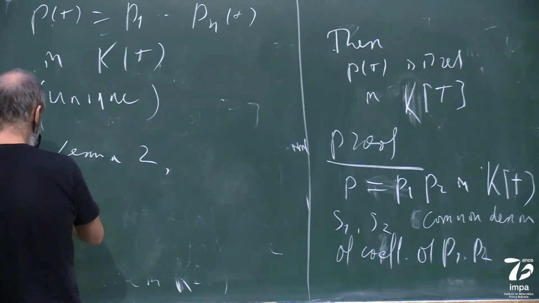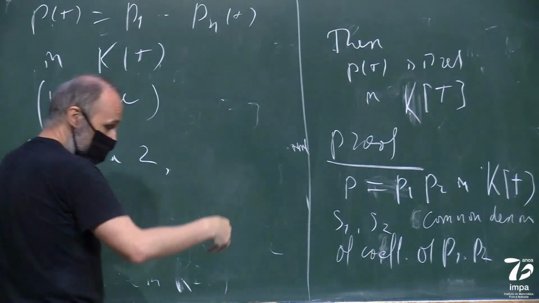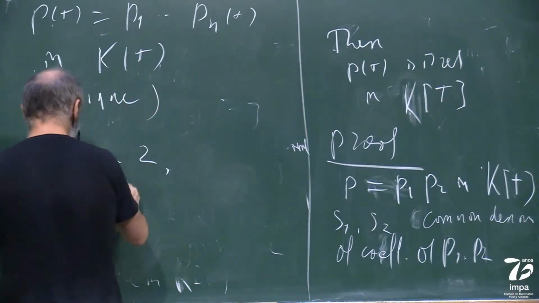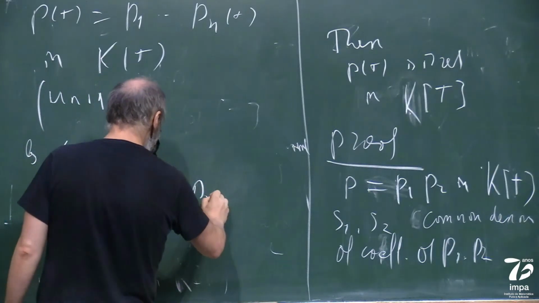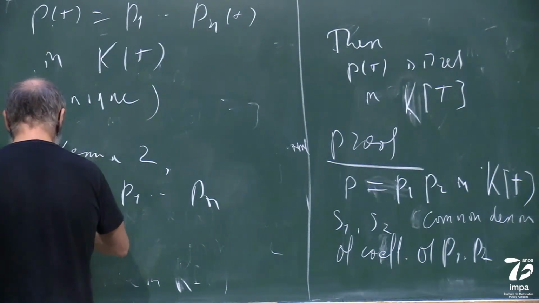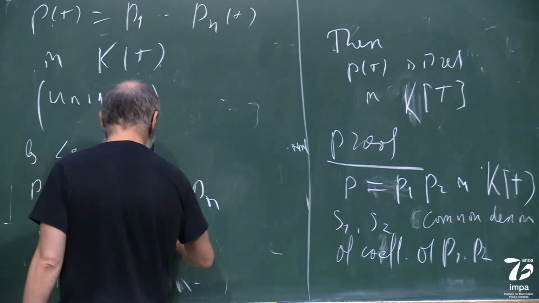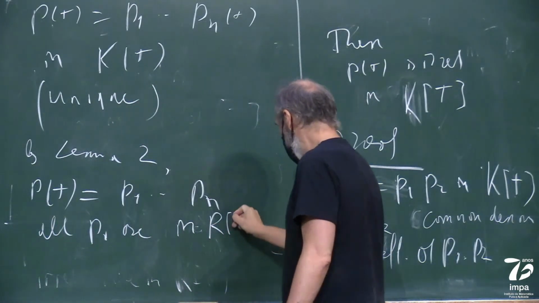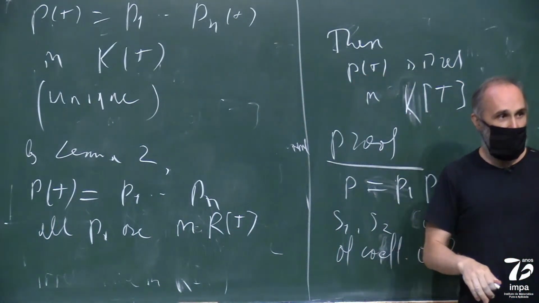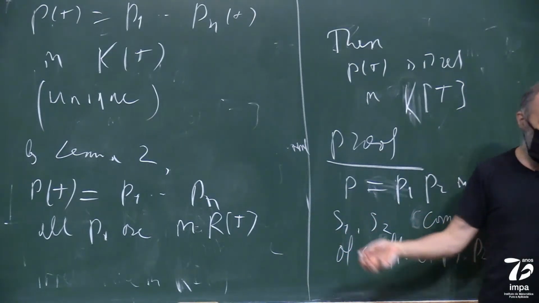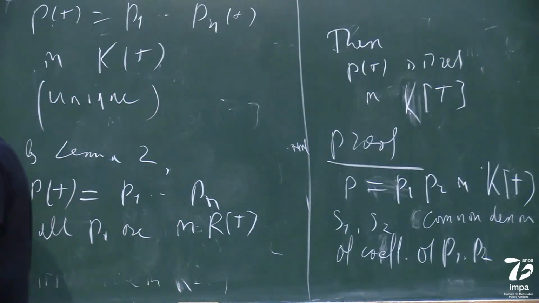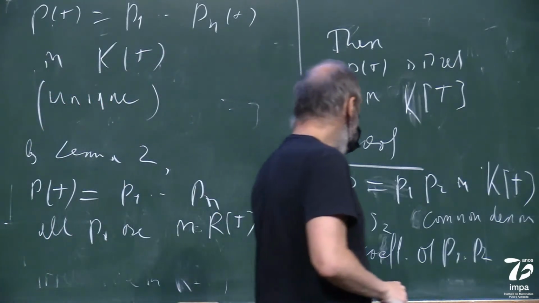After you rearrange the denominators a bit, we obtain that P of T is equal to P1 dot Pn, where all Pi are in R of T. Because every decomposition of a polynomial into a product of two reducibles is actually induced by a decomposition in R of T. This was lemma 2. Okay, this is the uniqueness that you want.